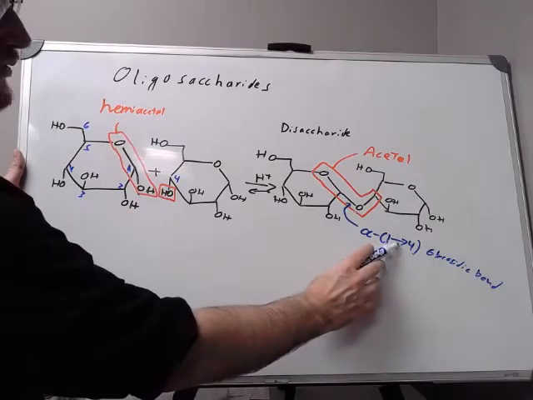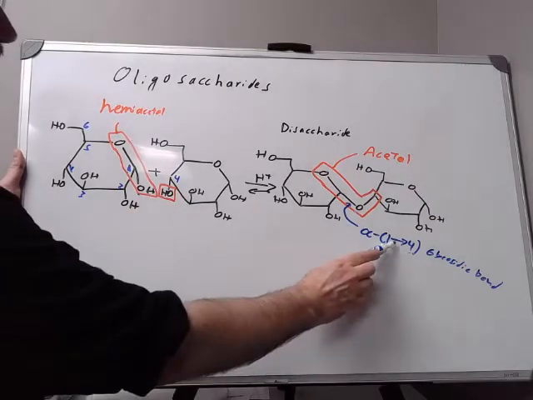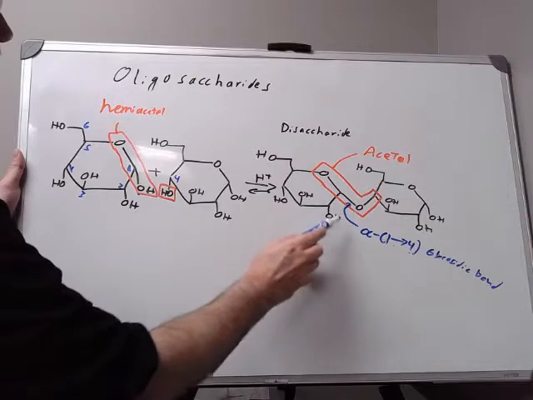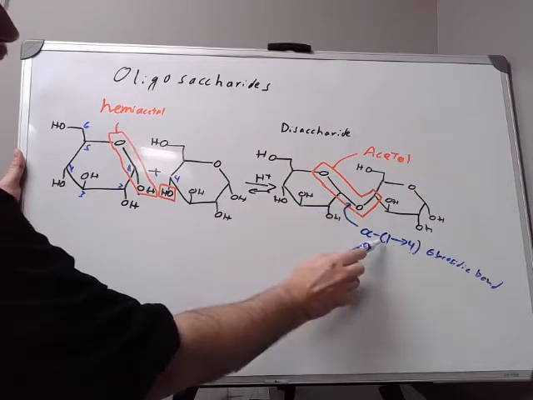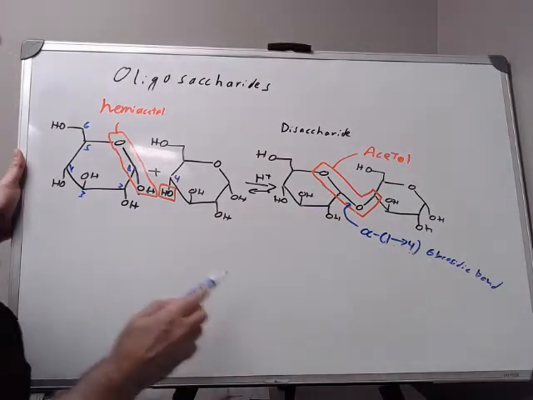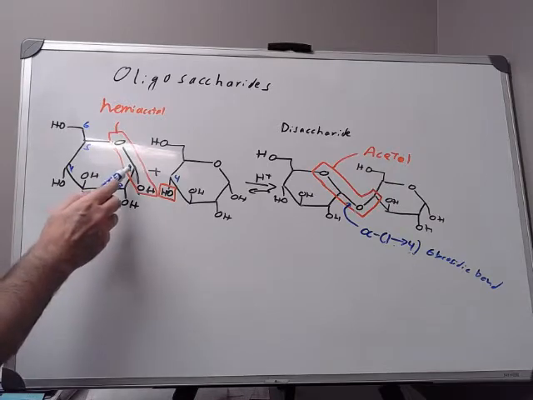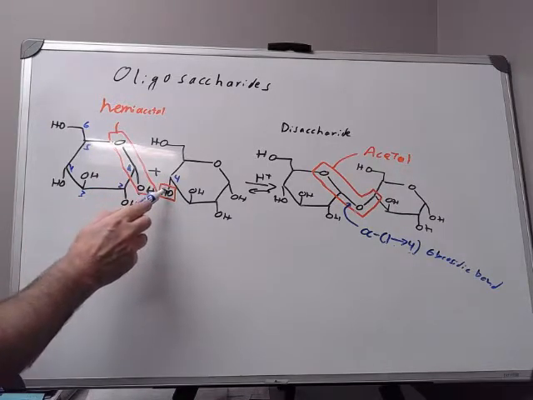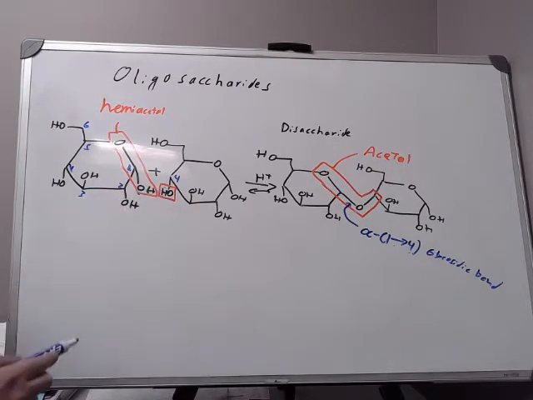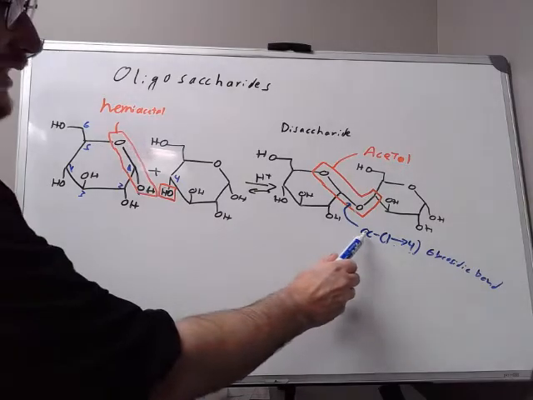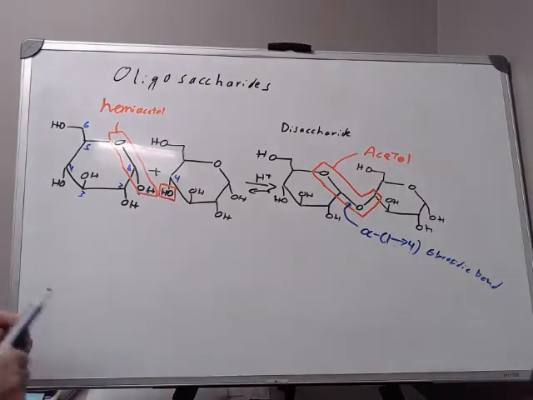So that's why it's a 1 to 4 bond. And the arrow always points from the hemiacetal to the alcohol. And so in this case, our hemiacetal is at carbon 1, and our alcohol is at carbon 4. And so we get this alpha 1,4 glycosidic bond.